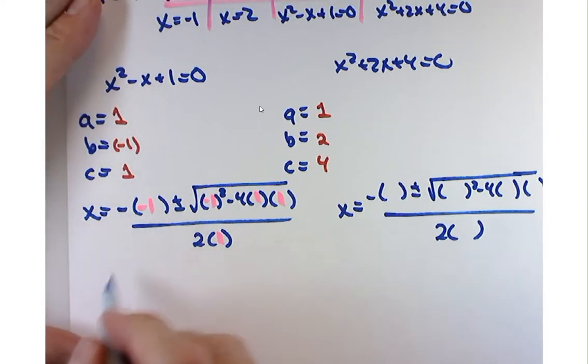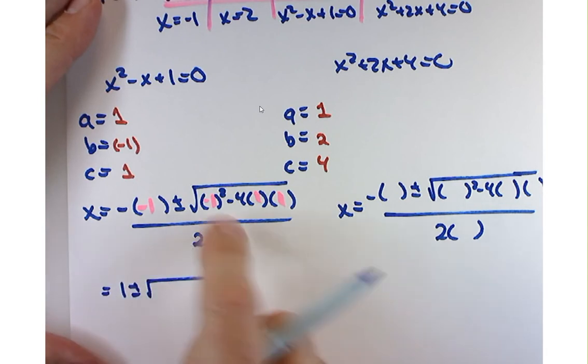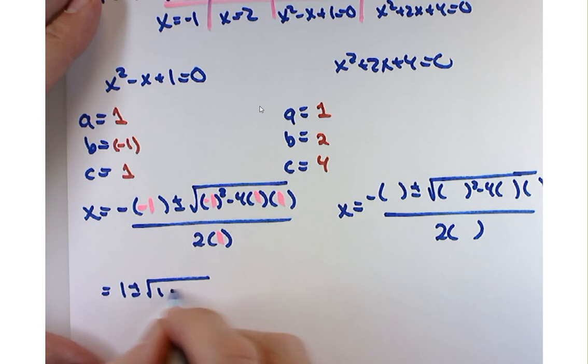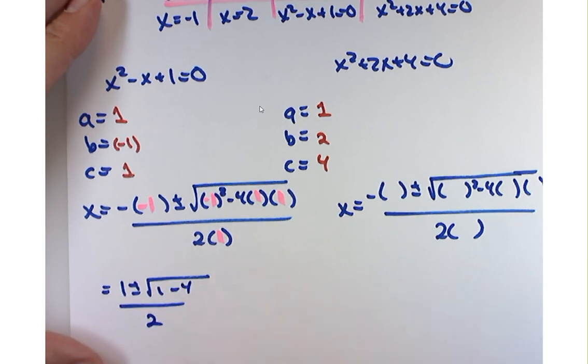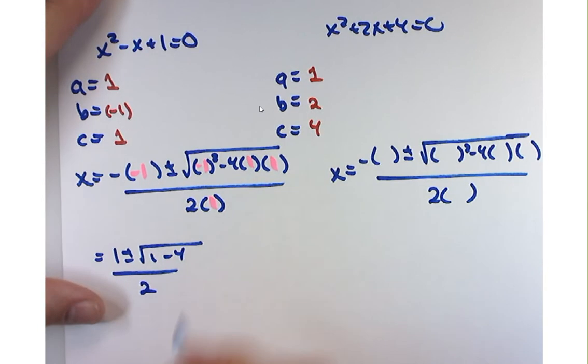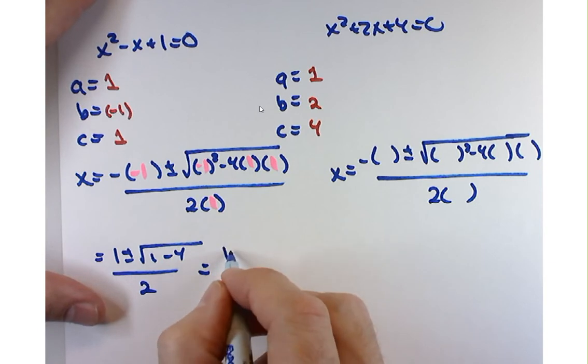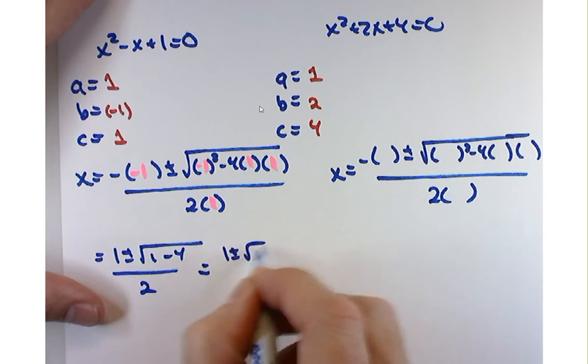The double negatives become a 1 plus or minus the square root of 1 minus 4 over 2, or 1 plus or minus the square root of -3.